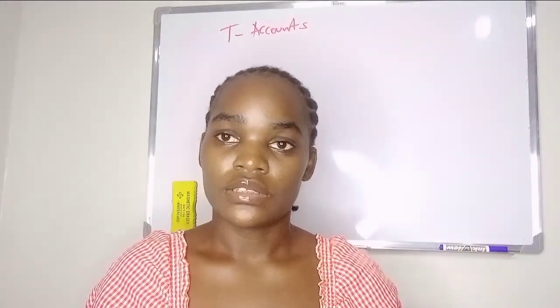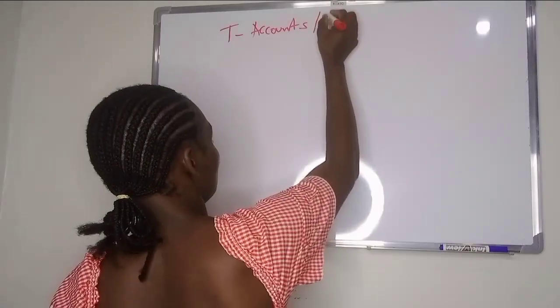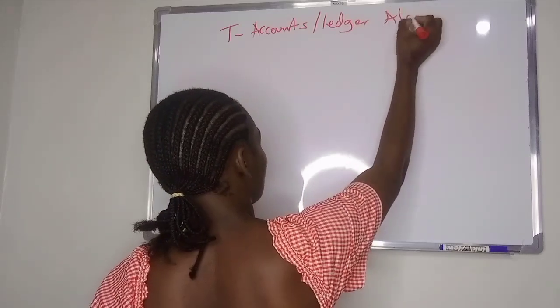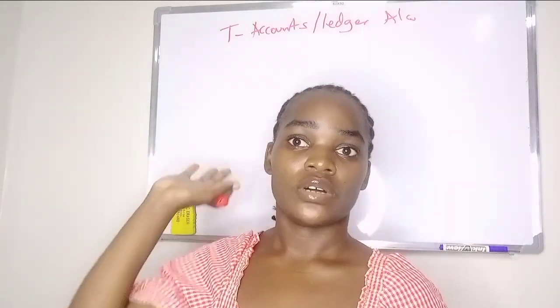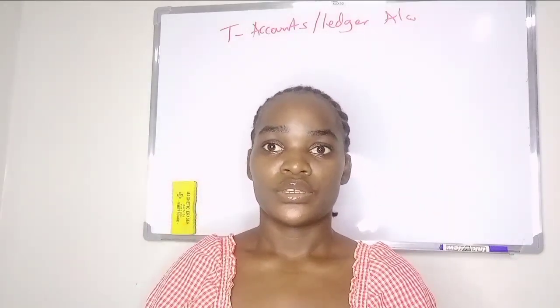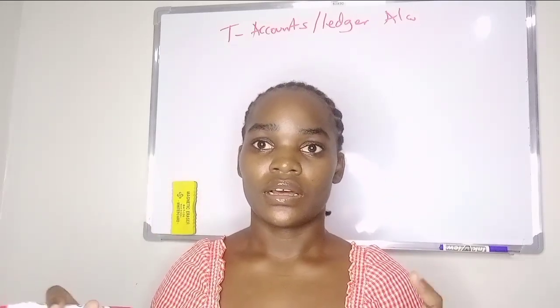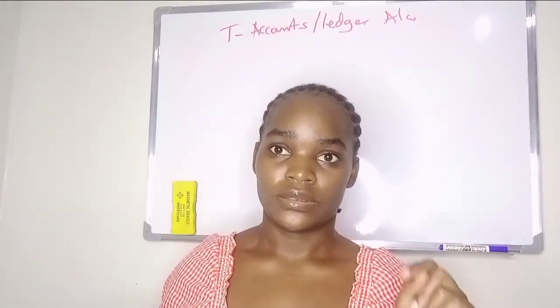Another name for T accounts is ledger accounts, or they can also be called individual accounts. The reason why they are called T accounts is because they are drawn in a T formatting.